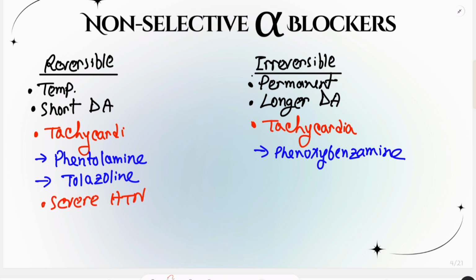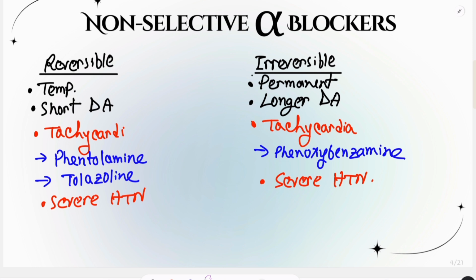Both of these reversible and irreversible groups can be used in severe hypertension. The irreversible drug can suppress severe hypertension and is long-acting. So in which condition is there prolonged severe hypertension? Yes, it is pheochromocytoma.